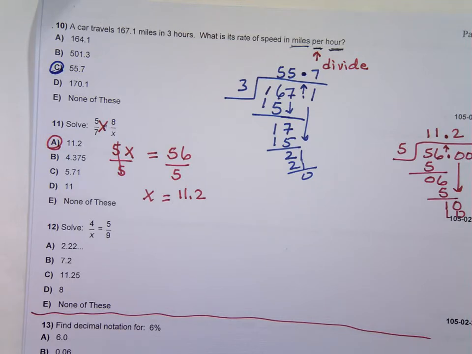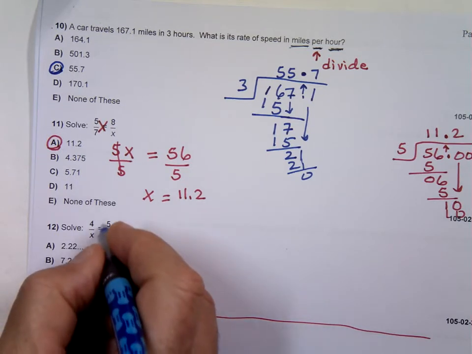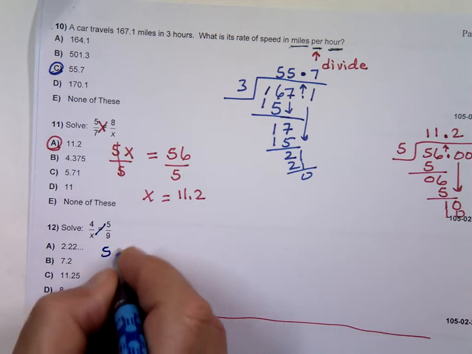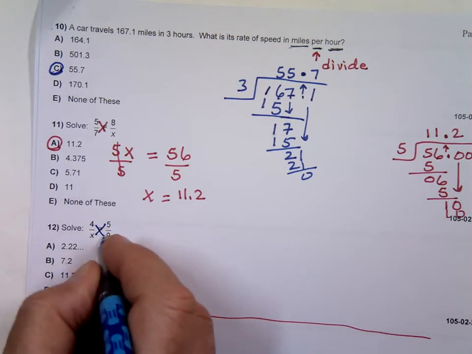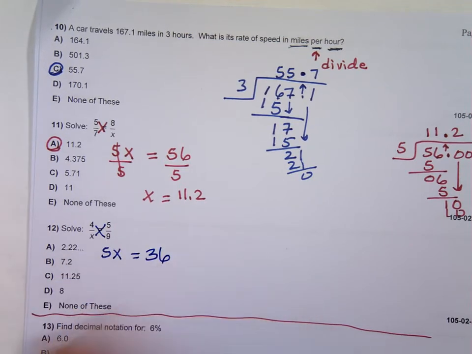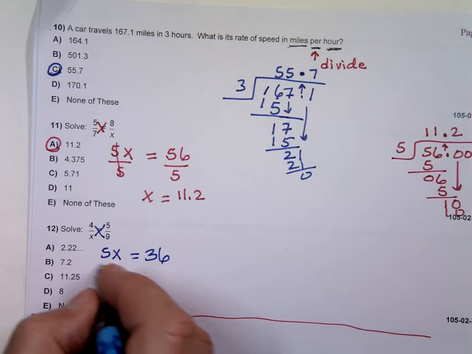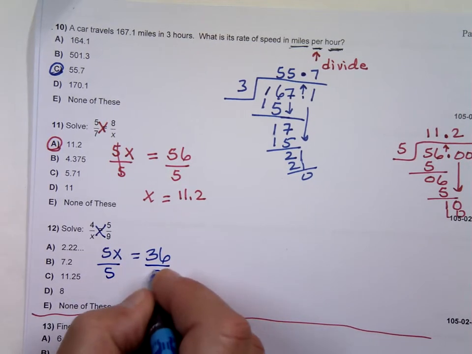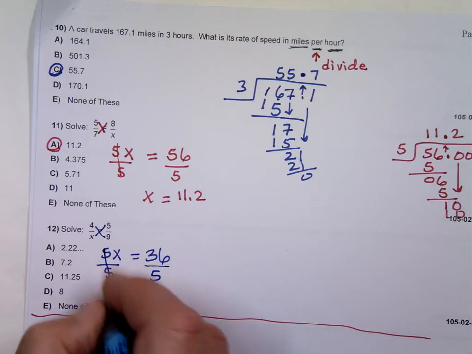And the last one from this chapter is the same thing. Cross multiply. 5 times x is 5x equals 4 times 9, 36. Divide by 5.